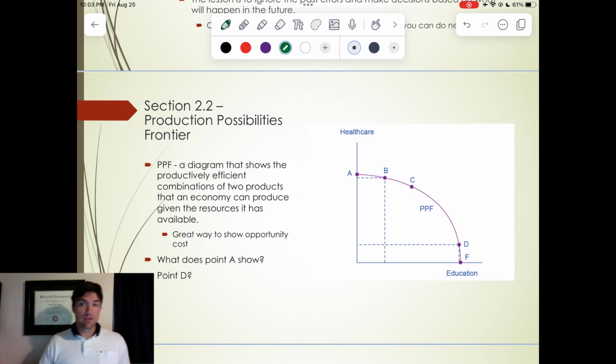The production possibilities frontier is giving you a graphical representation of the different options that you have. So what does point A show? It shows if you did all of healthcare. What does point D show? Well, point D would show you that you're doing more education or more healthcare.